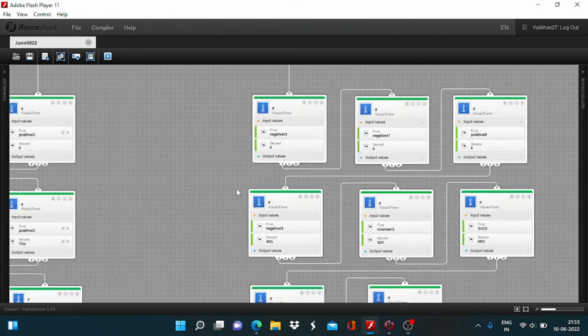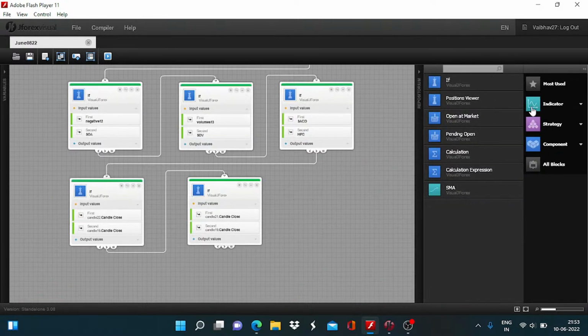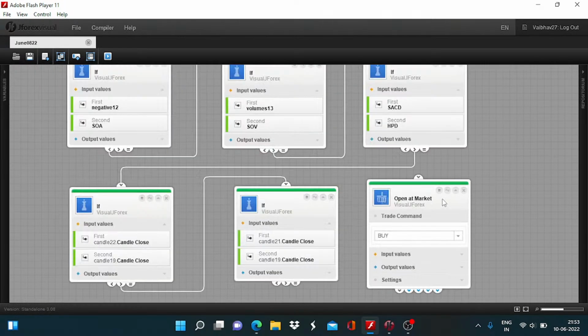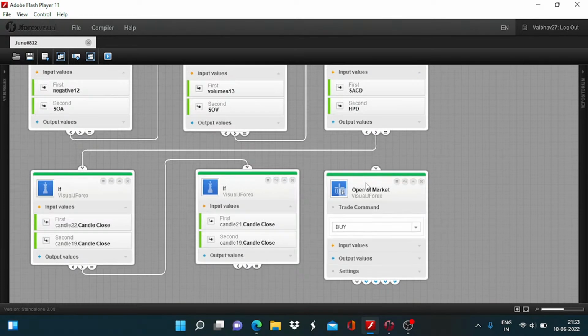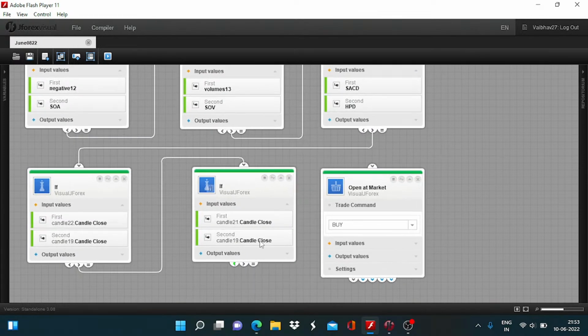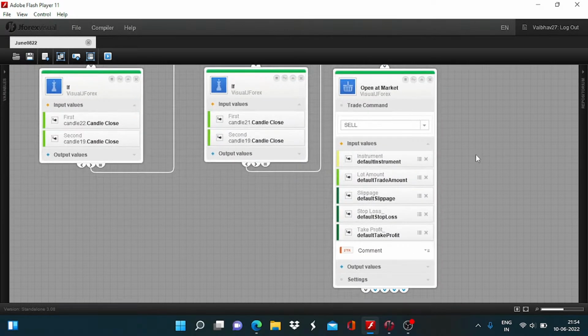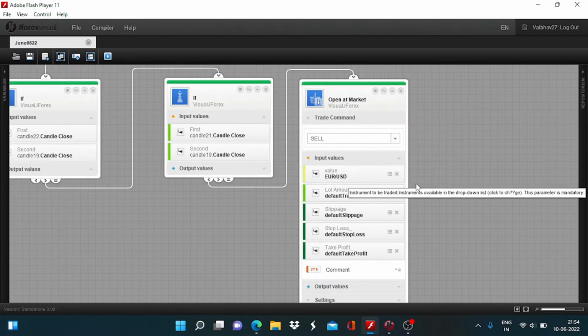Now all we have to do is get the trade command block, which is going to be a market open at market for the sale trade, and we have to define the input parameters. First input less than second input. Default instrument remains as it is.